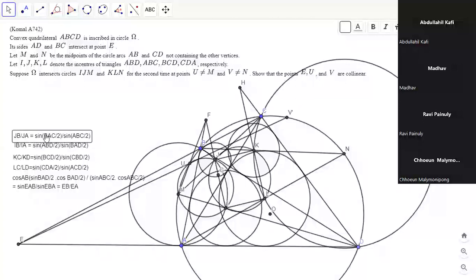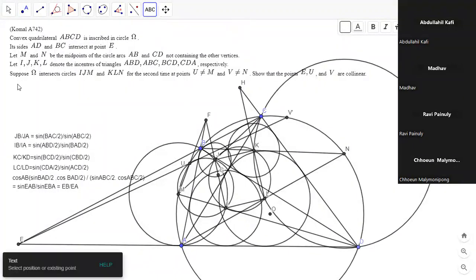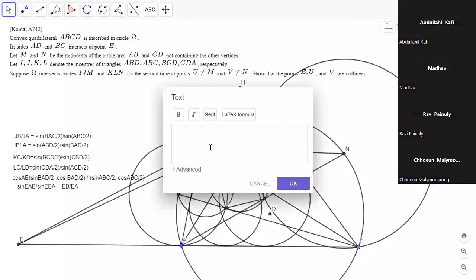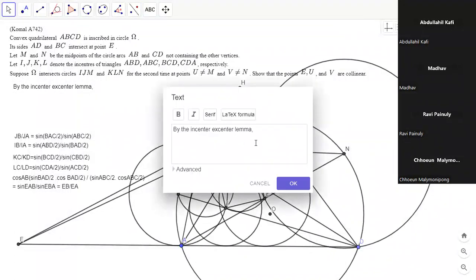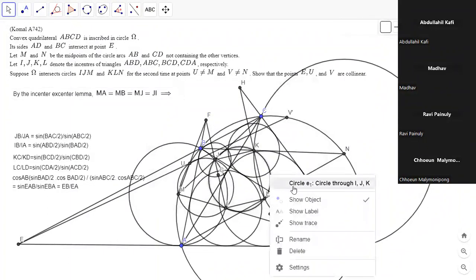Okay, so I'm going to start out filling in all the details. By the incenter-excenter lemma, we have MA equals MB equals MJ equals MI. So yeah, I don't even think we needed that this was a rectangle.